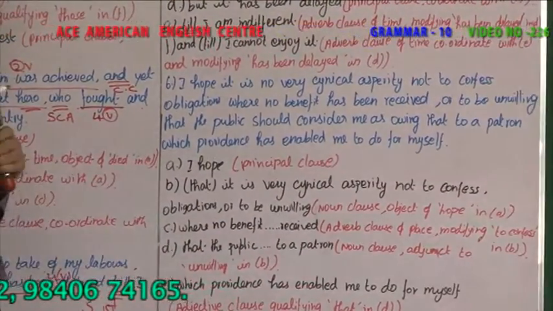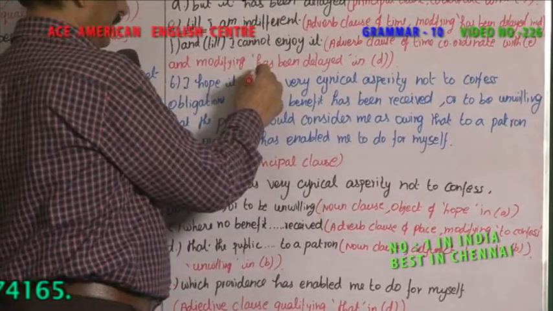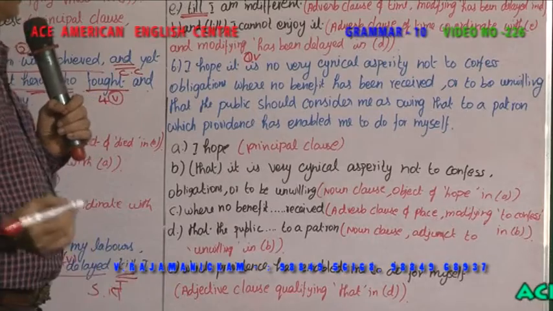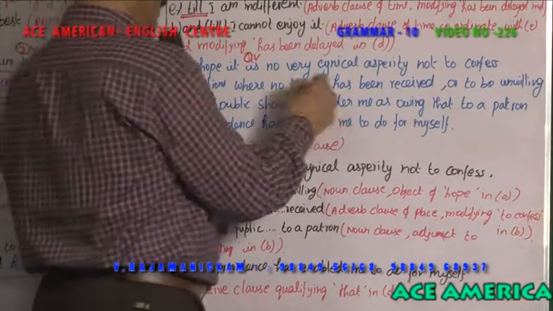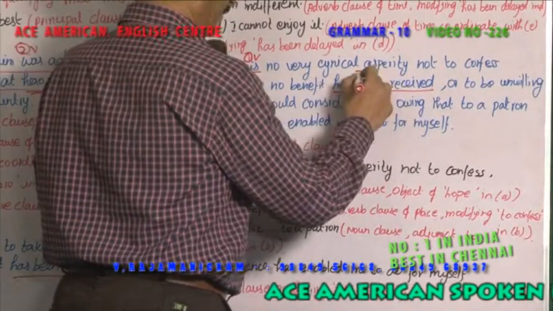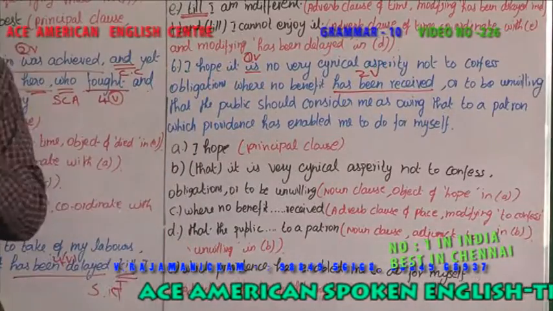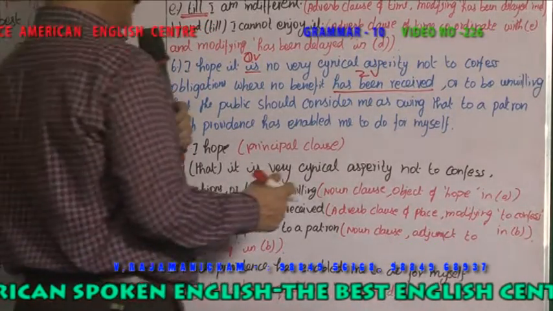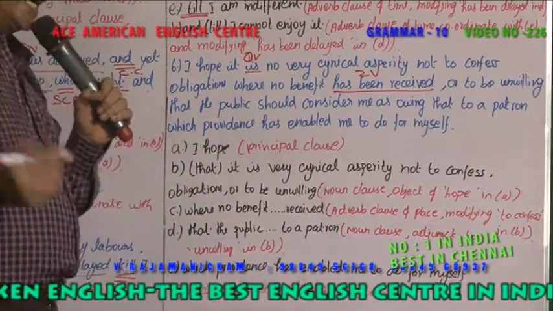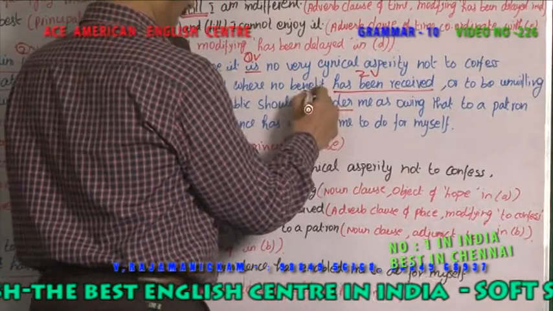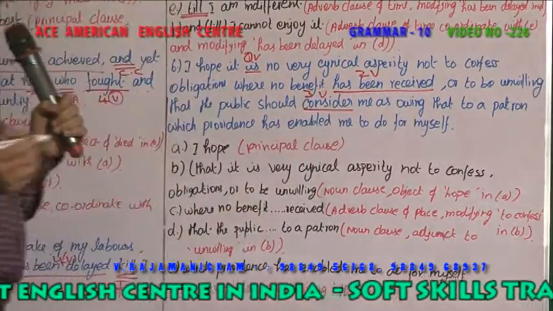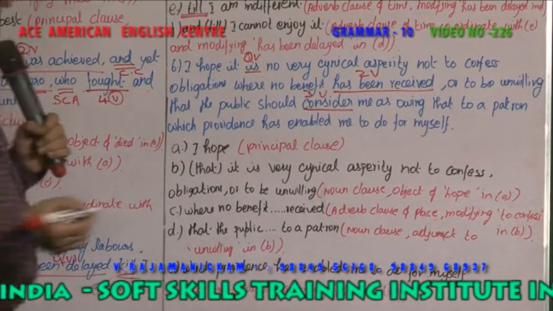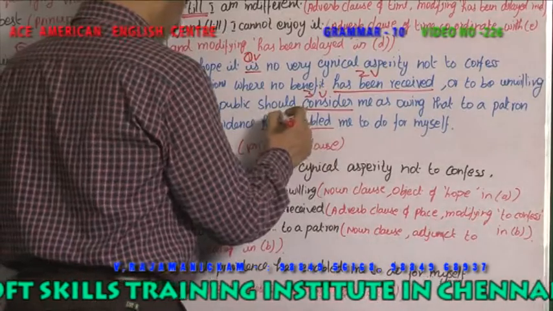So first you have to find out how many verbs are there. Is this one verb, right? One sentence, right? Any other verbs? Anybody? Yes, "has been received", second verb, second sentence. Do you agree it is a verb? Yes, a three-word verb. Next, yes, "consider" is the third verb. Any other verb? Can anybody tell? Yes, "has enabled" is the fourth verb.